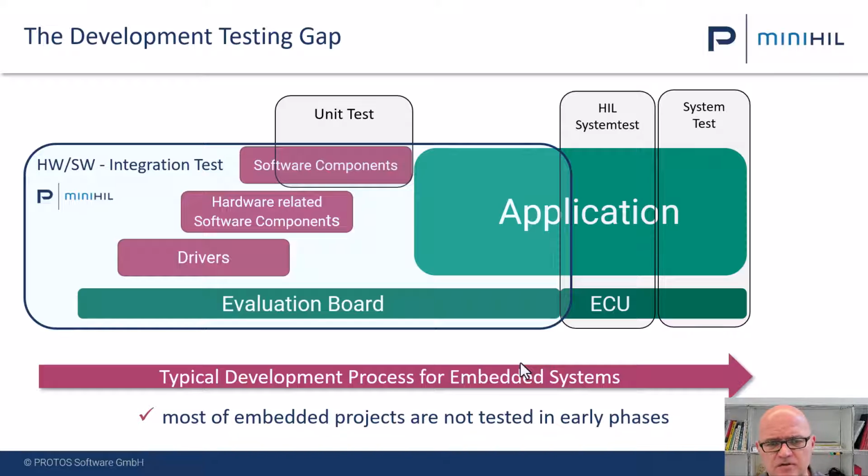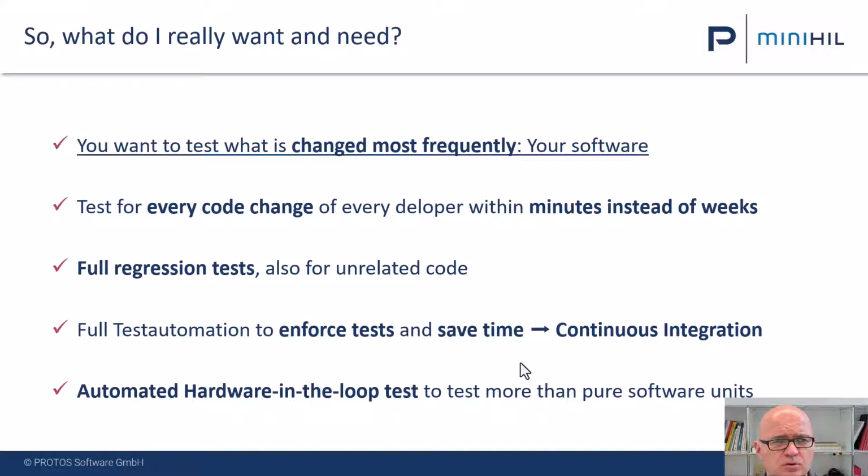Most embedded projects are not tested, or not tested very deeply, in the early phases. So what do I really want and need? You want to test what is changed most frequently, and that's your software.